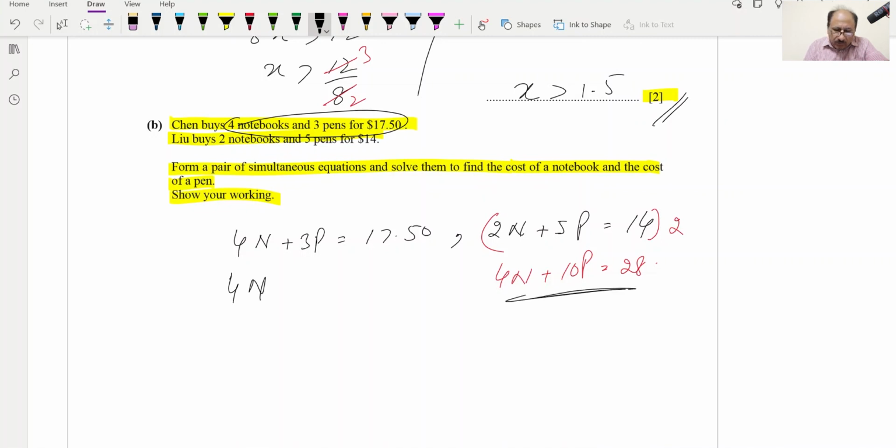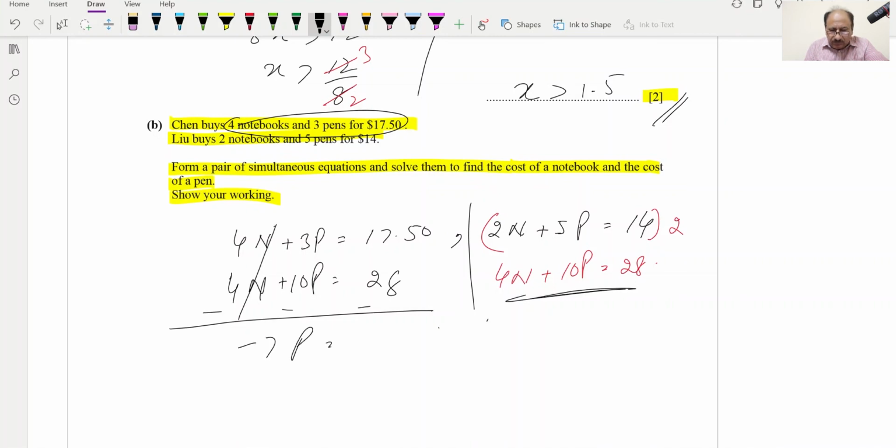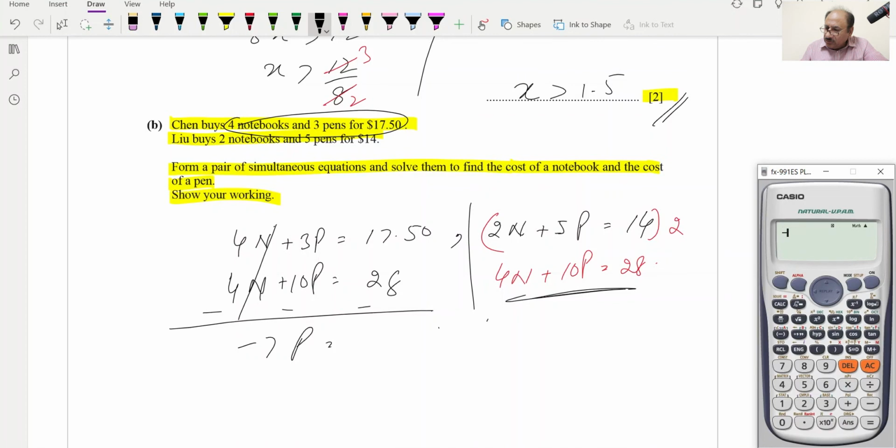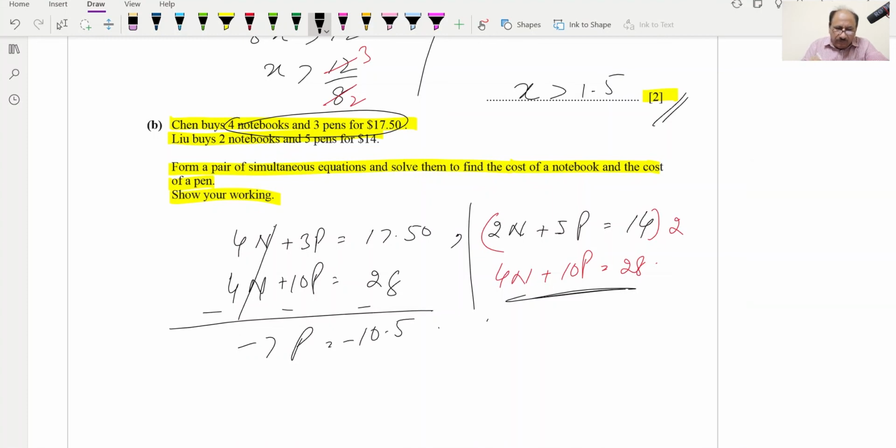This equation I'm copying over here, so this will be 4n plus 10p is equal to 28, and this one we can use a separator, and now we can change sign, subtract, so this will be gone, and next will be what? Minus 7p is equal to minus 28 plus 17.50, and this is giving us minus 10.5.